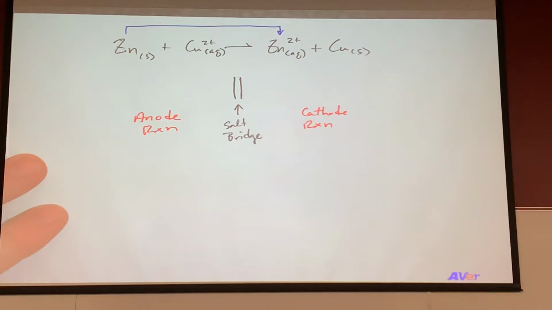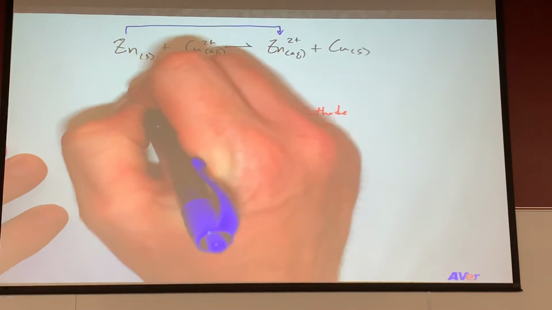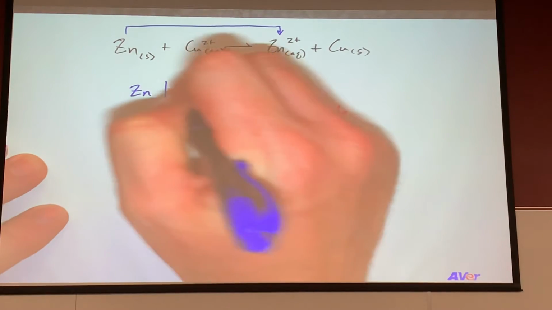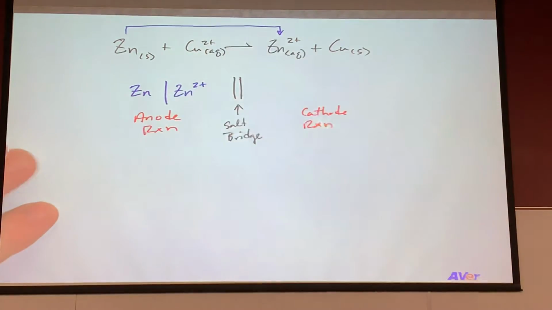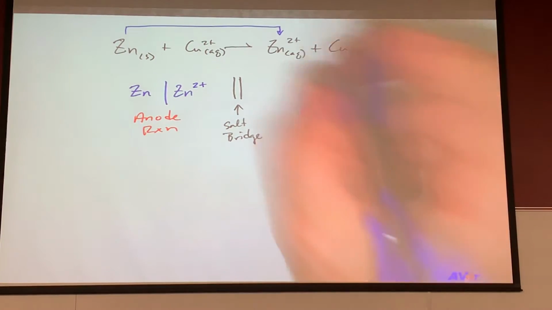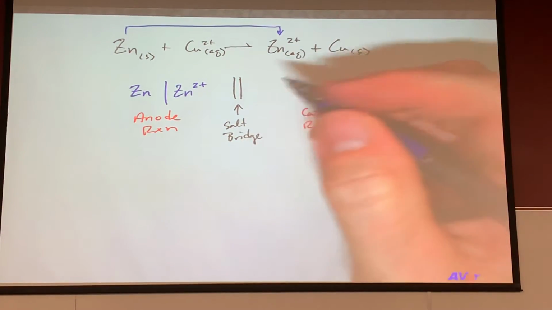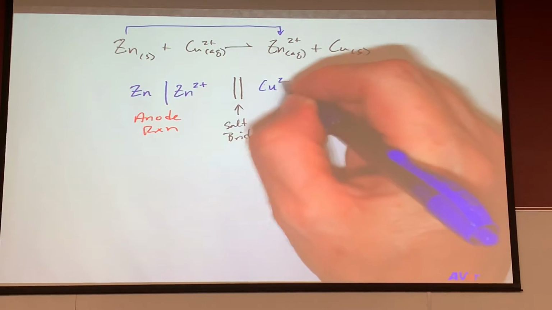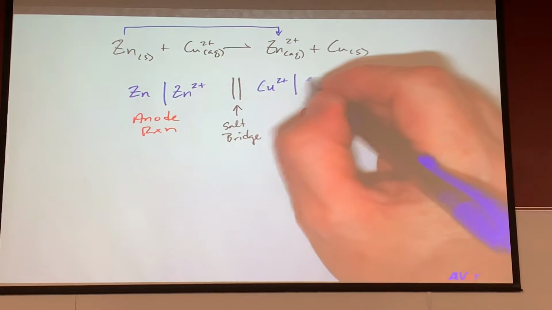Oxidation. Okay. So I'm going to write this as the zinc electrode, then a single line, and then the ion that's in the compartment, which is zinc 2 plus. So you have electrode, cation in the compartment. And then on the other side, you write the cation in the compartment, then the electrode.